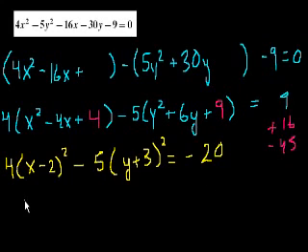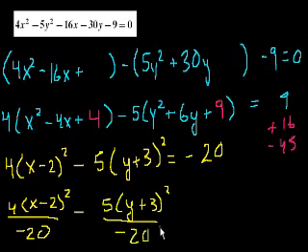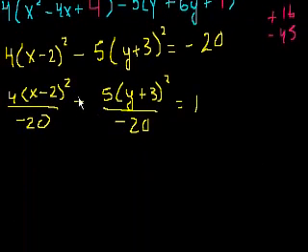And so you get x minus 2 squared. And what's 4 divided by minus 20? It's minus 1/5. Well, let me just do that. So 4 over minus 20 minus 5 times y plus 3 squared over minus 20 is equal to 1. And so this is equal to, let's see, this becomes a positive, and this one becomes a negative.